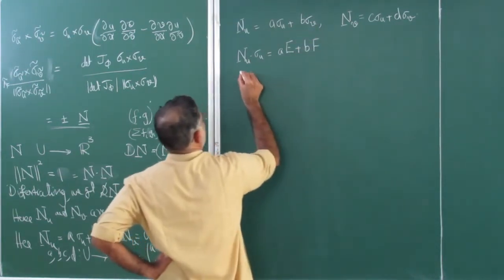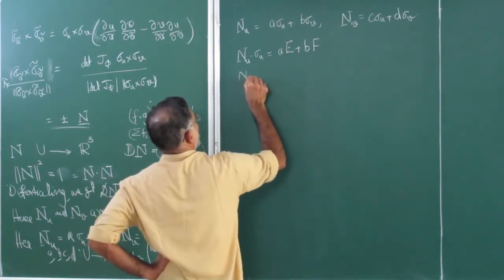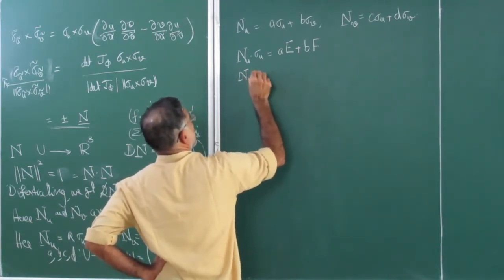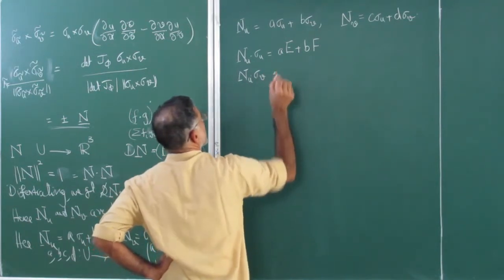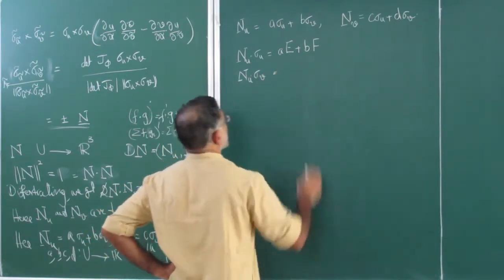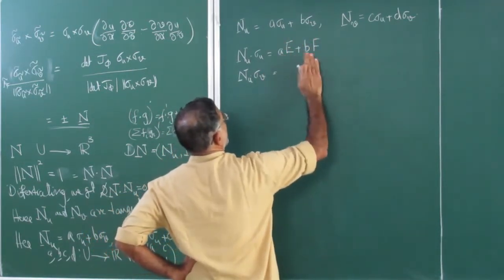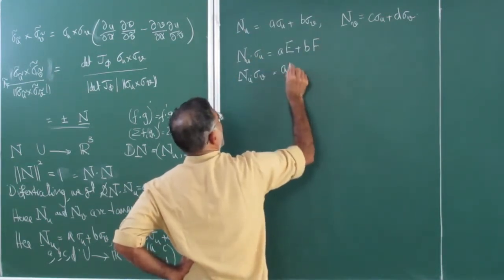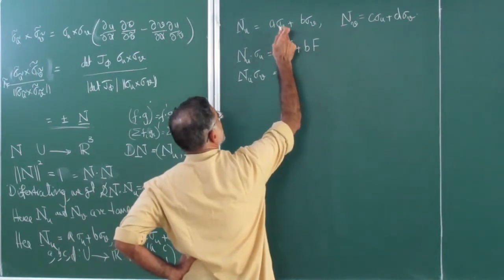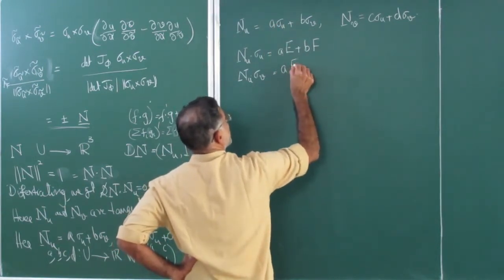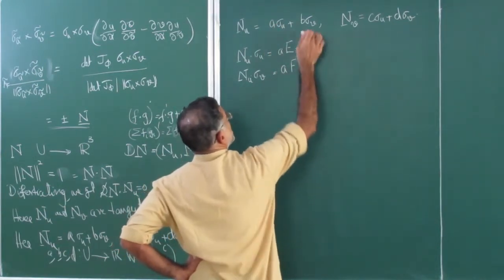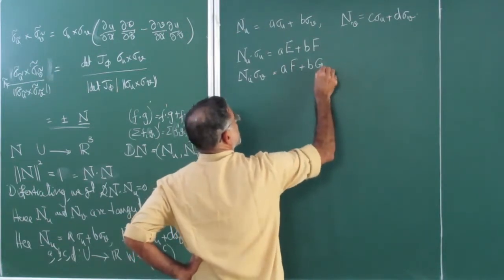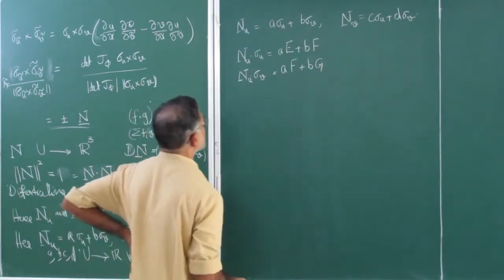Similarly, take the other side. Nu dot sigma v is A sigma u dot sigma v, that is F, plus B sigma v dot sigma v, that is G. That's a nice expression.